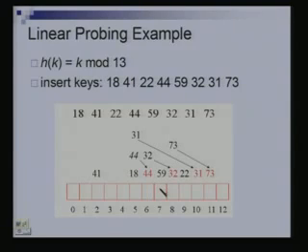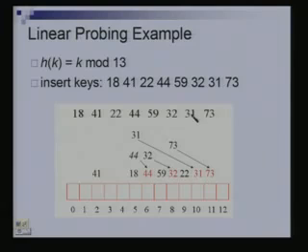We come to this location, it was empty, so we put 59 here. 32, 32 mod 13 is 6, and 44 is sitting at 6. So we go to the next location, 59 is sitting at this location. So we go to the next location, it is empty, so we put 32 here.